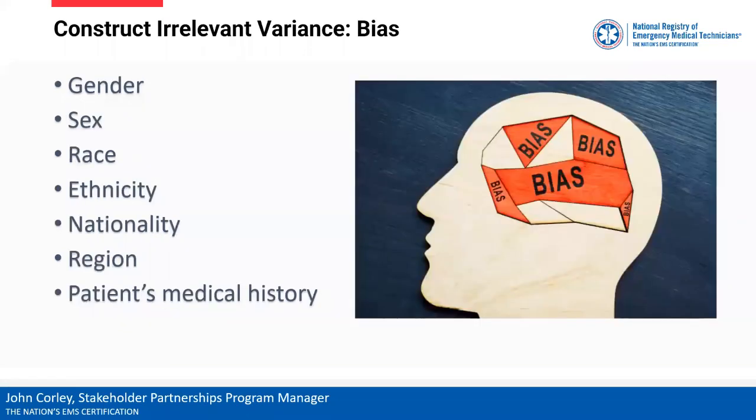So here's some construct-irrelevant variance. We're talking about bias. If it doesn't need to be in the test question for the candidate to answer correctly, take a look at gender or sex, race, ethnicity, nationality, the region. Are those things required to answer this question correctly, or are they irrelevant or distracting?